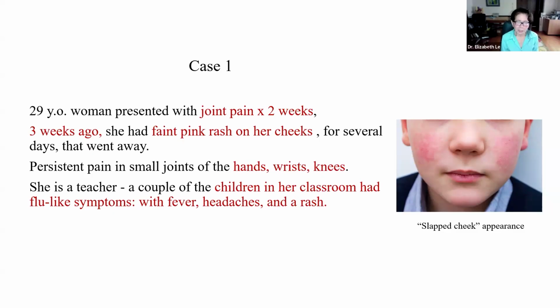But since then, she had persistent pain in small joints of the hands, her wrists, and knees. She's a teacher, and a couple of the children in her classroom had flu-like symptoms and fever, headaches, and a rash. The rash looked like this young boy: slap cheek appearance, red cheeks appearance. Next slide.